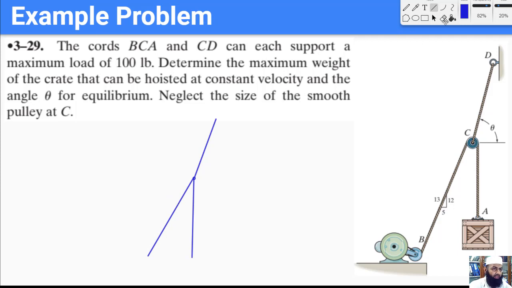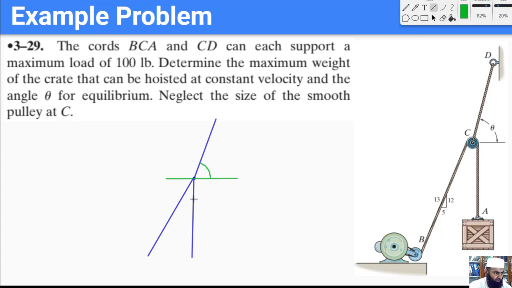Okay, and now we would like to draw. So we have the angle. This angle is equal to theta, and let me draw the axes here also. This one didn't work out.